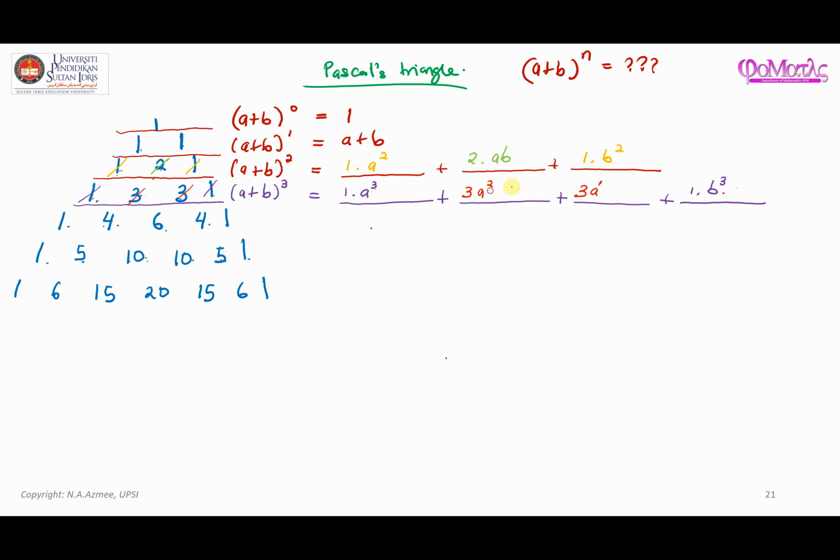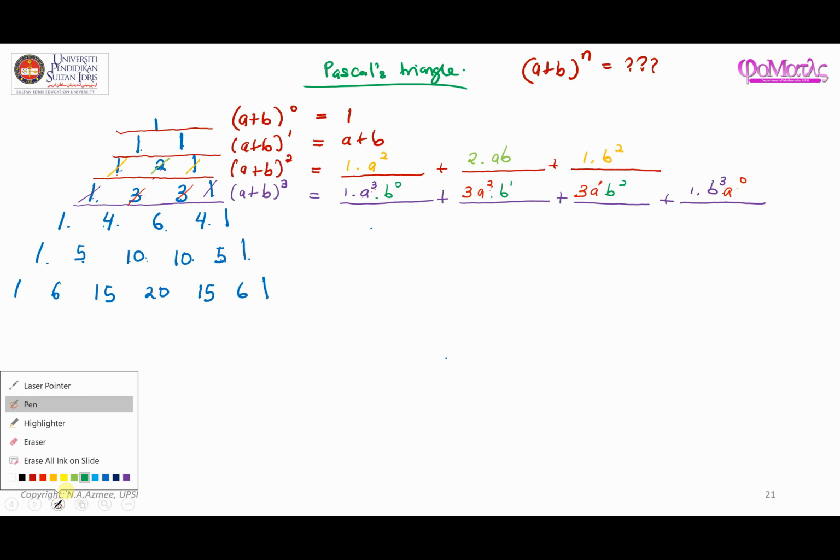So a3, a2, a1, and this is actually a0. Now what about b? For b, this is actually the position of b0. So here is b1, the power gets increased, b2, and here we have b3. So I hope you can see the pattern right here.